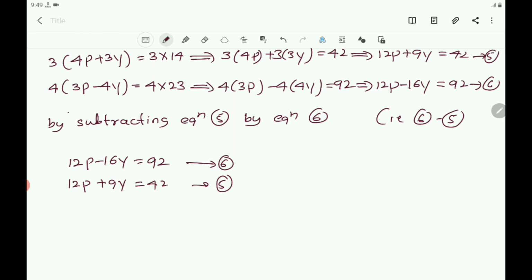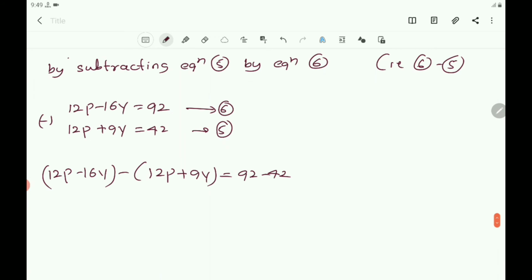Then you subtract here. So you take 12p minus 16y, minus, open the bracket, 12p plus 9y, is equals to 92 minus 42, and 92 minus 42 is 50 here.